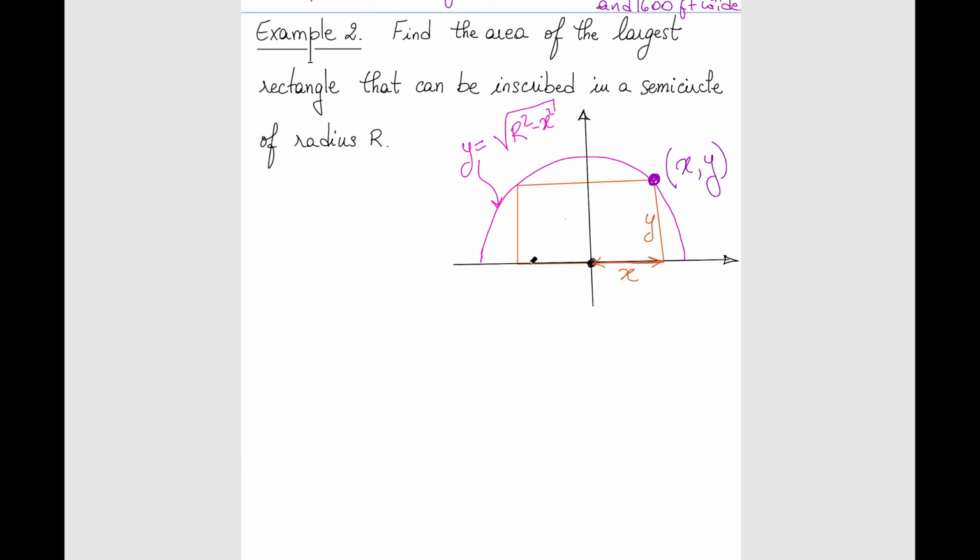So as such, this is also an x. Correct? So what can we say about the whole thing then? So this whole thing is twice x. Makes sense? Okay.